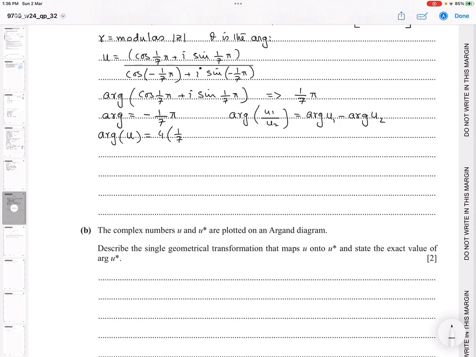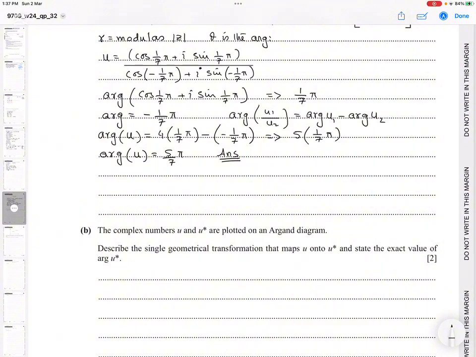So 4 times 1 over 7 pi minus 1 over 7 pi, and this gives us 5 times 1 over 7 pi. So our argument of u is equal to 5 over 7 pi. This is our answer.